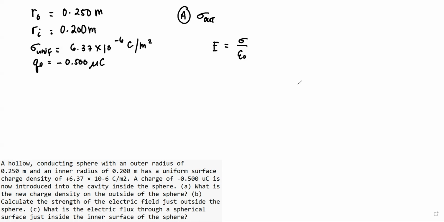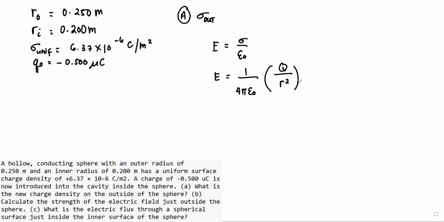So if I were to rewrite it in some way, that would be your electric field is equal to 1 over 4 pi epsilon naught, multiplied to the charge divided by your r squared.